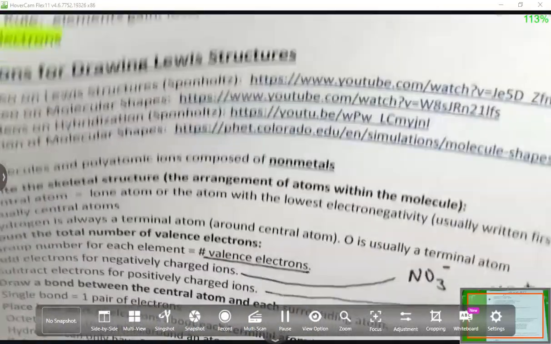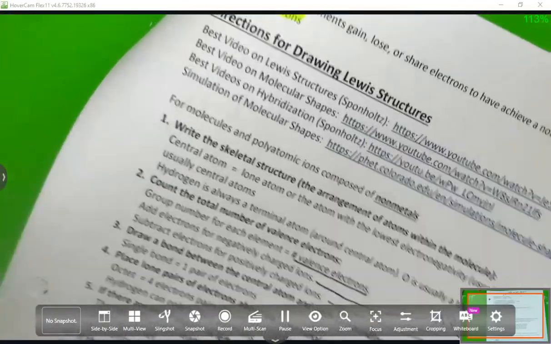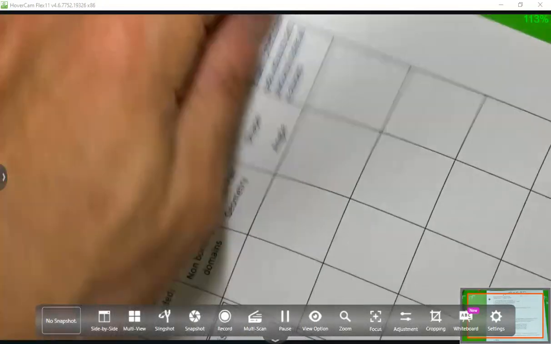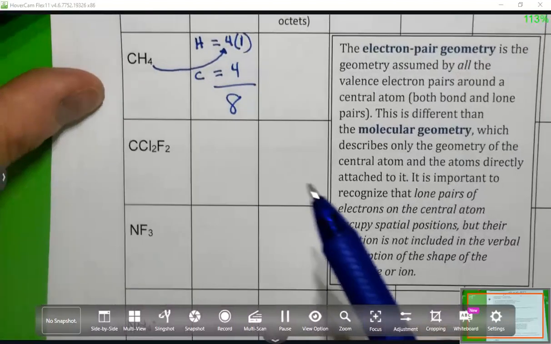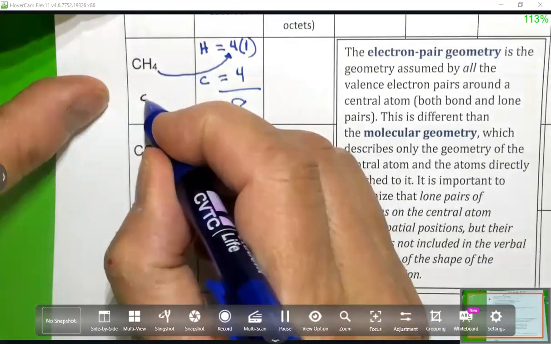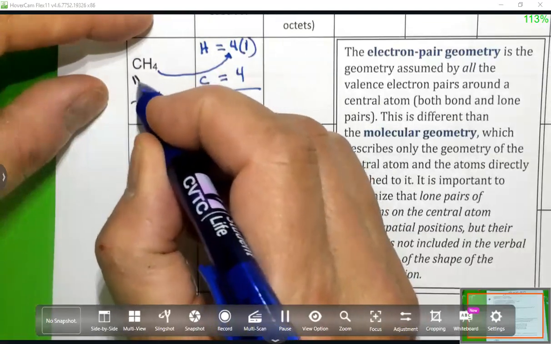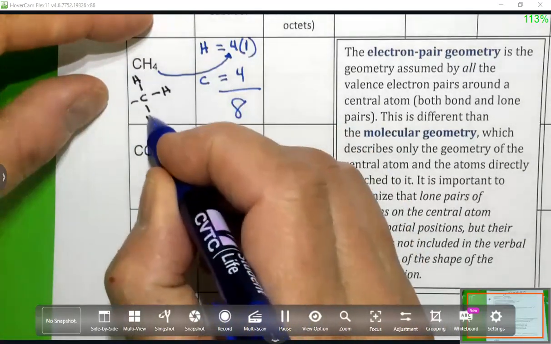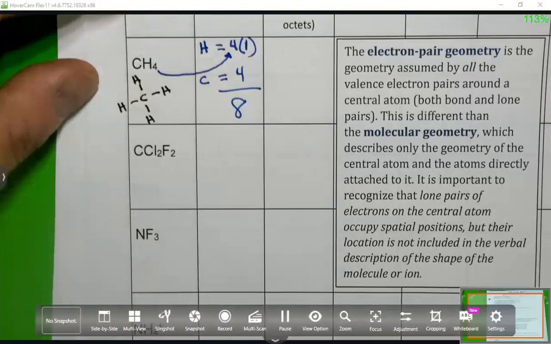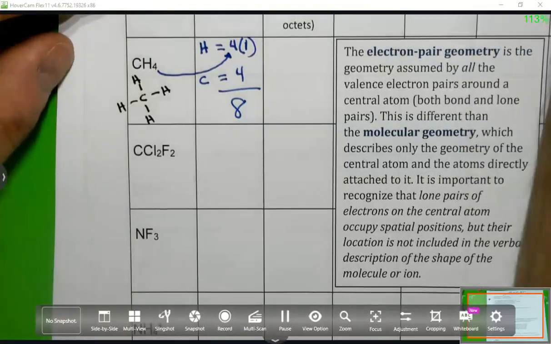We could do that and count valence electrons. If I did the skeletal structure, this doesn't mean it is correct, but that would be kind of a skeletal structure.